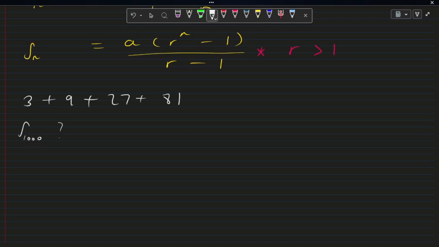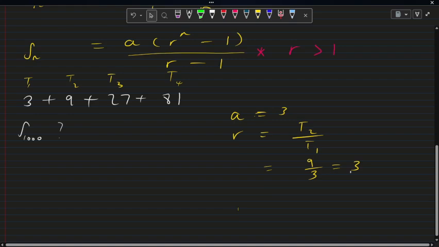Okay, now what we know is that from this situation, a is always equal to the first term. So in this situation, a is 3. Okay, so we know that a is equal to 3, and then r is t2 divided by t1. So r will be 3 as well, because 9 divided by 3 is 3.